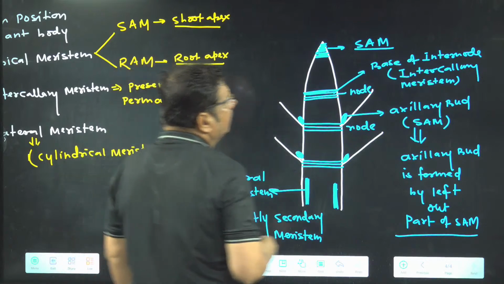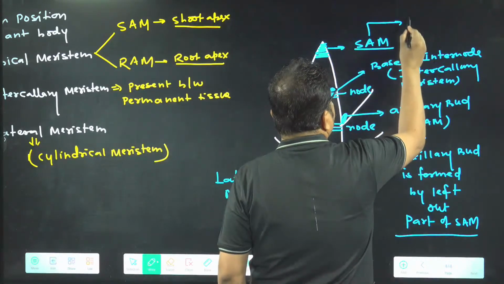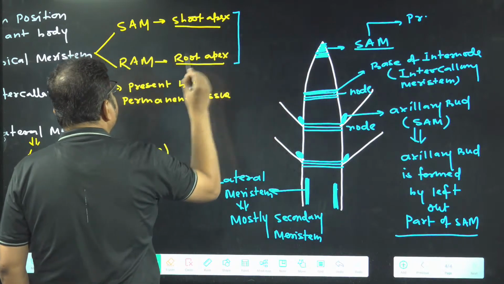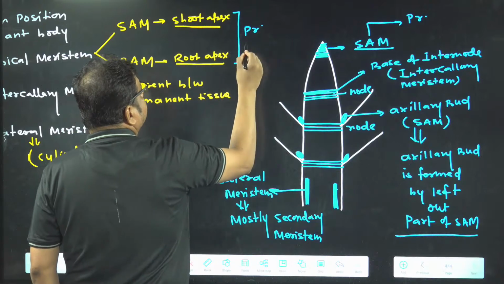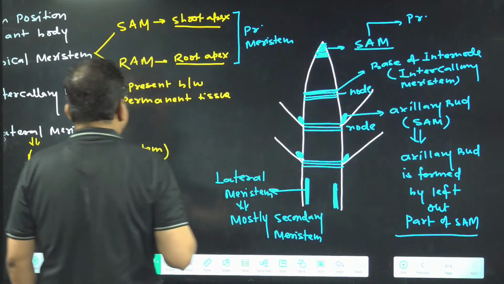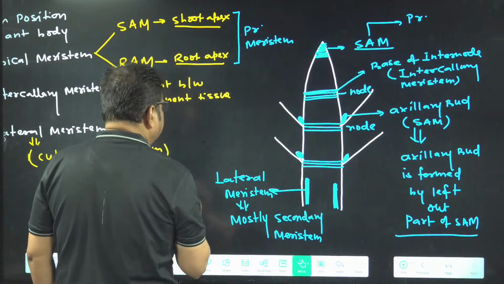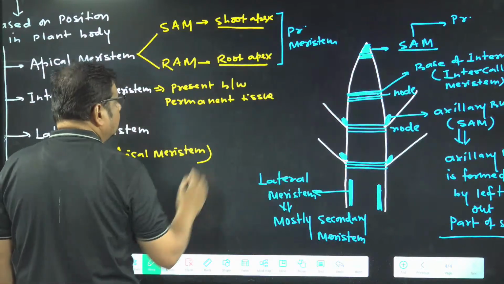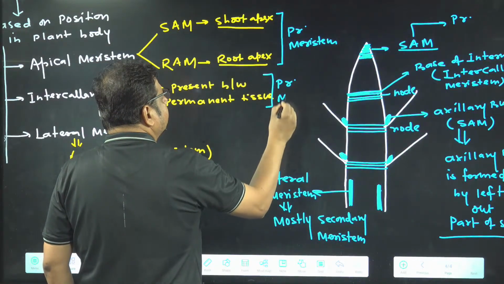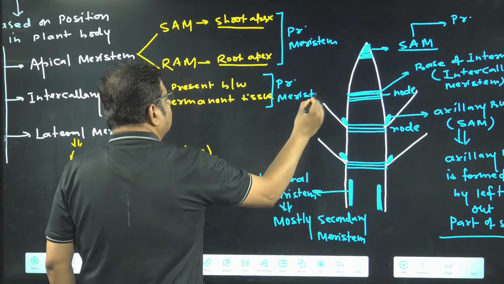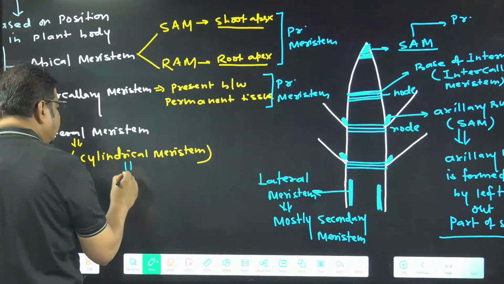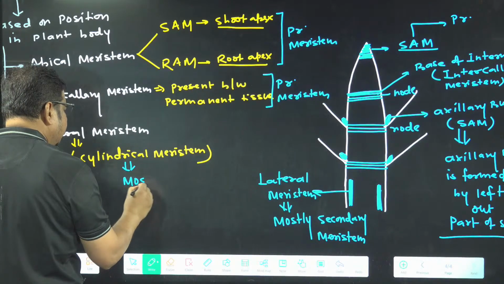SAM is a primary meristem. Both RAM and SAM are primary meristem. Intercalary meristem is also primary meristem based on origin. Lateral meristem or cylindrical meristem is mostly secondary meristem.